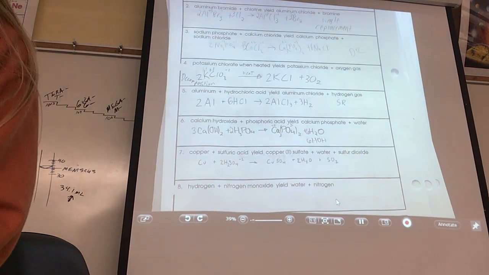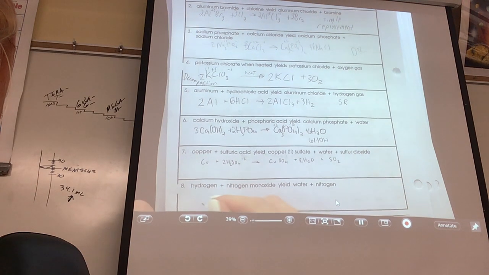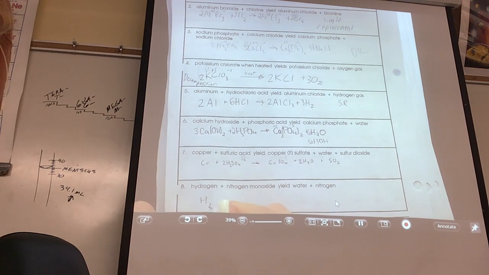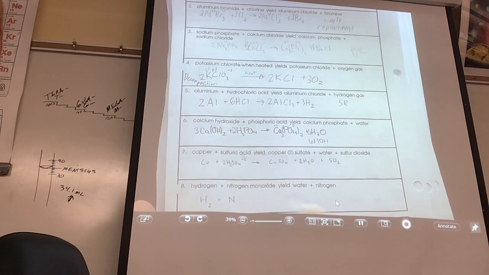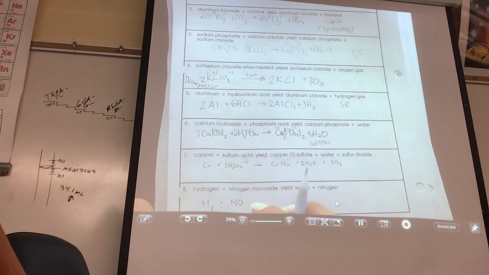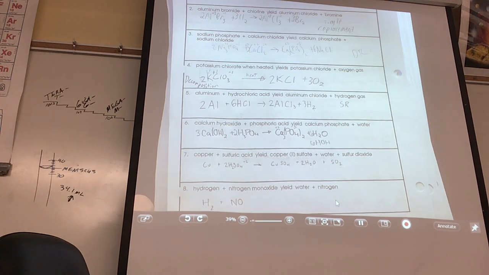All right. So first it's hydrogen, which is a gas, so it has to be H2 diatomic, plus nitrogen monoxide, NO. And then yields H2O and N2.